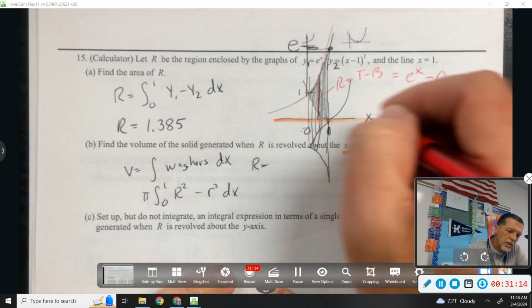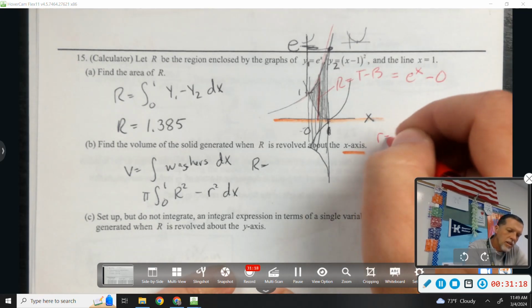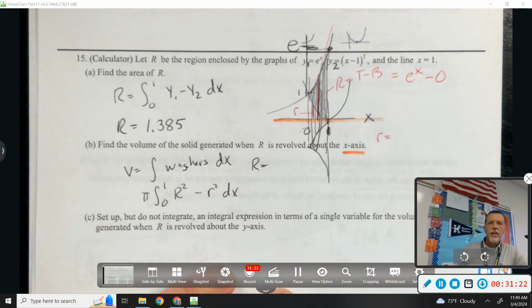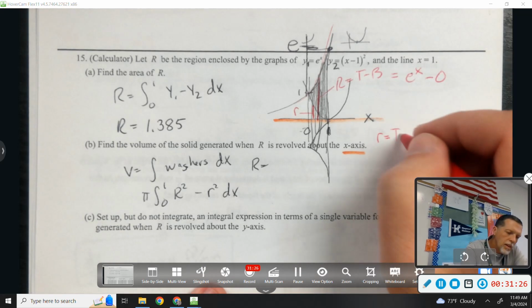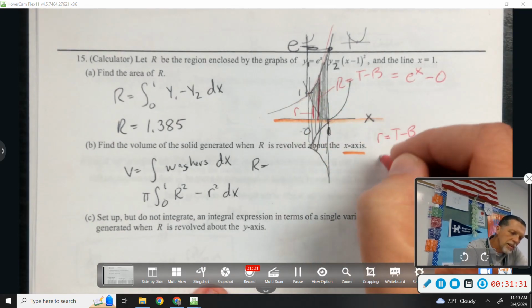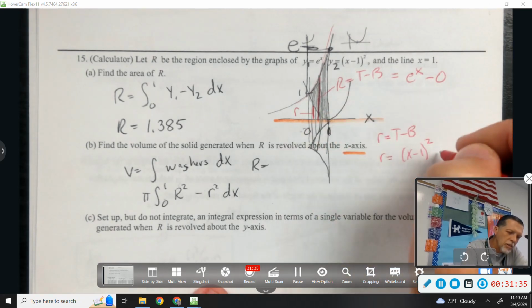The bottom is 0, so just e to the x minus 0. Little r, from axis to the inside edge. Top minus bottom. The inside edge is that parabola, x minus 1 squared, and the bottom is again 0.